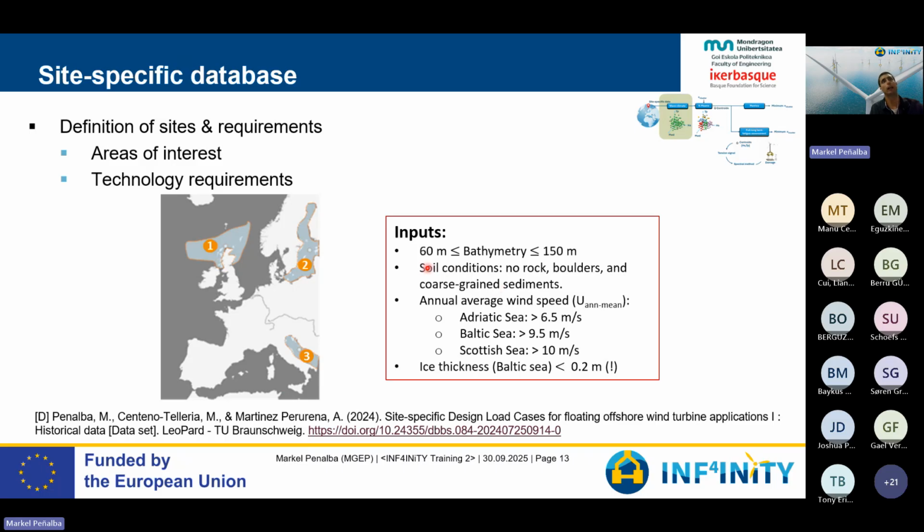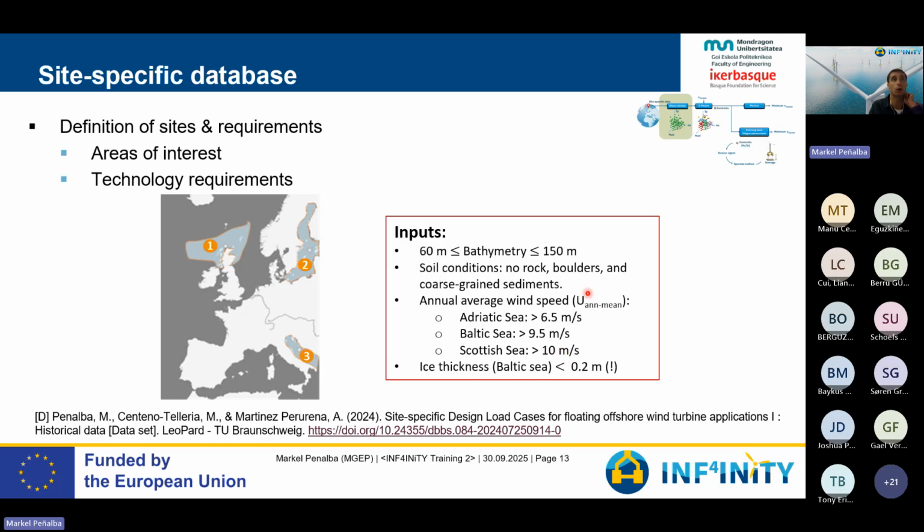So we've defined a minimum and a maximum bathymetry. We've defined the soil conditions where we can't or don't want to deploy the wind farm, so no rock, no boulders, no coarse-grained sediments, and a minimum annual average wind speed. For the Adriatic Sea, that minimum corresponds to 6.5 meters per second. The Baltic Sea is 9.5 meters per second, and for the Scottish Sea the minimum would be 10 meters per second.